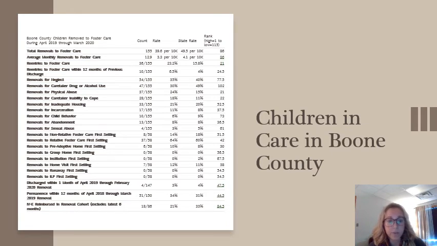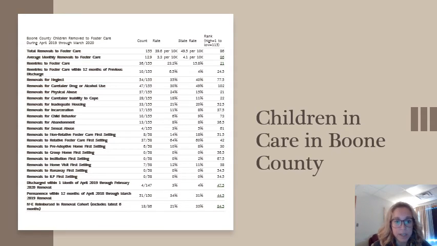So as you can read through these different removals for the different reasons, you have neglect, caretaker drug or alcohol use, physical abuse, caretaker inability to cope, inadequate housing, incarceration, child behavior, abandonment, sexual abuse, non-related foster care first setting, related foster care first setting, pre-adoptive home first setting, group home first setting, and so on.